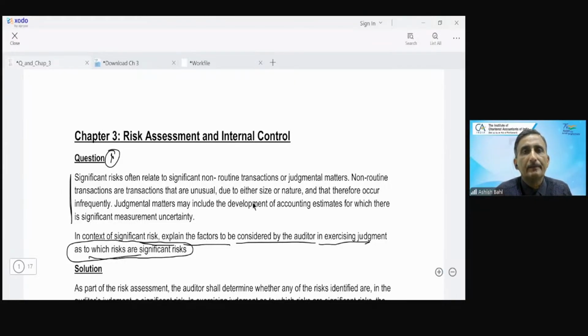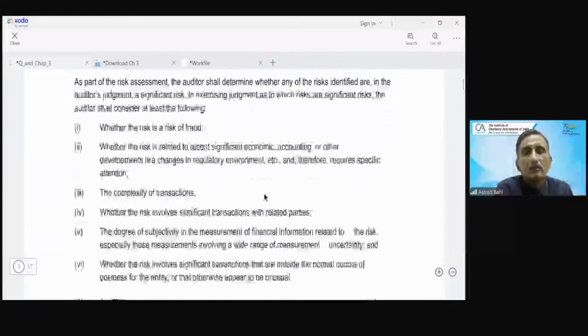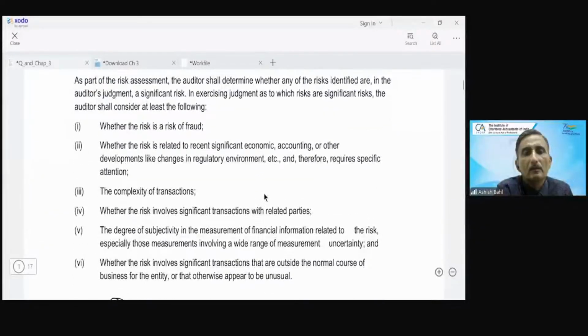Yes, students. So for significant risks, which risks are significant risks? The auditor would consider these factors: when there is a risk of fraud, when the risk involves transactions with significant parties, when there is some complex transaction, or whether there is some change in the regulatory environment or economic accounting conditions, or some change in accounting development.